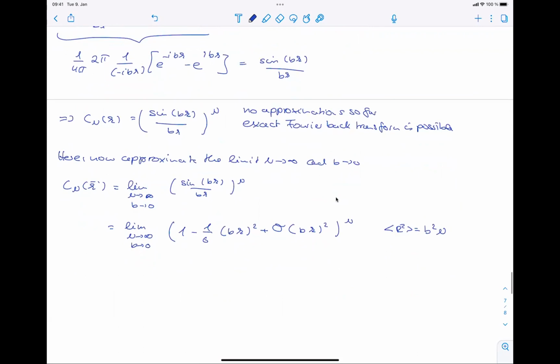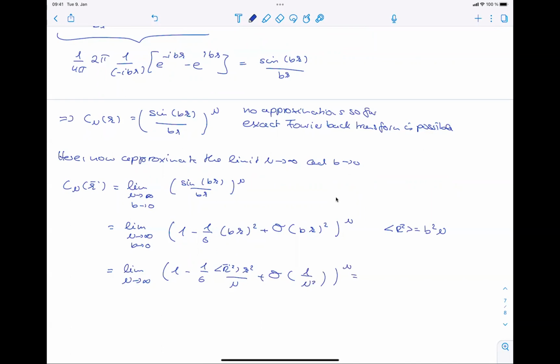And so to do this, we rewrite, when taking the limit n to infinity, the b squared; we expand with n to get R squared k squared over n plus higher orders in 1 over n squared.